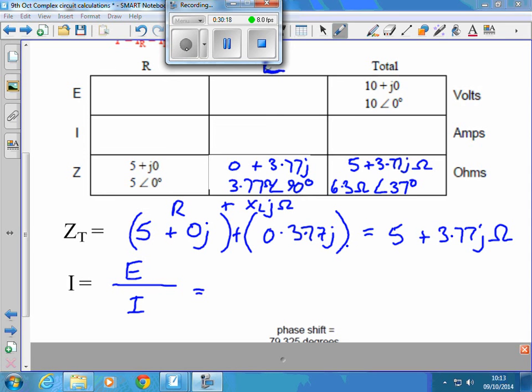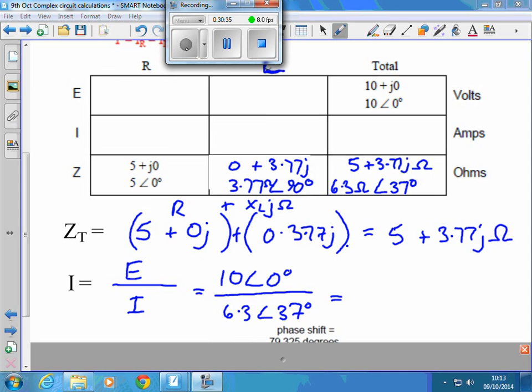So we've got them both in polar form, so we might as well do 10 angle 0 degrees divided by 6.3 angle 37.